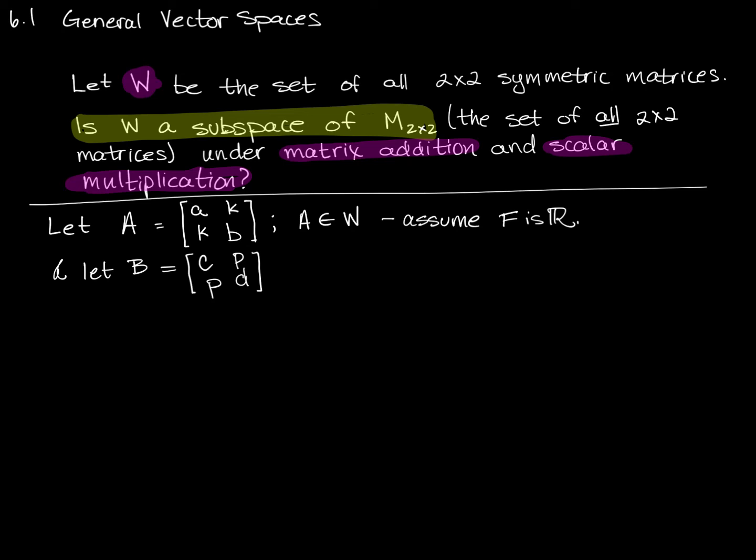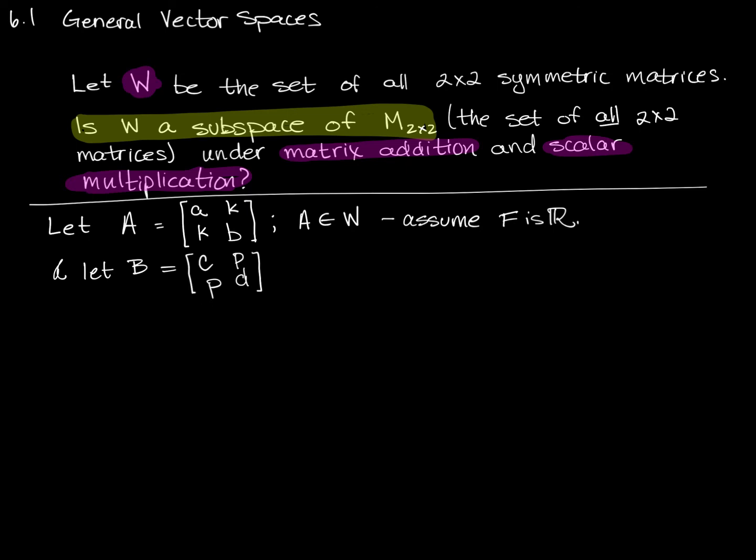What matters is that for these to be symmetric, these 2 numbers have to be the same. Doesn't matter what they are. By making them different from here, I'm indicating that although this is symmetric and this is symmetric, they're not necessarily the exact same number. Right? A and C could be different numbers. A and B could be different numbers. K and K must be the same number, but K and P might be different numbers.